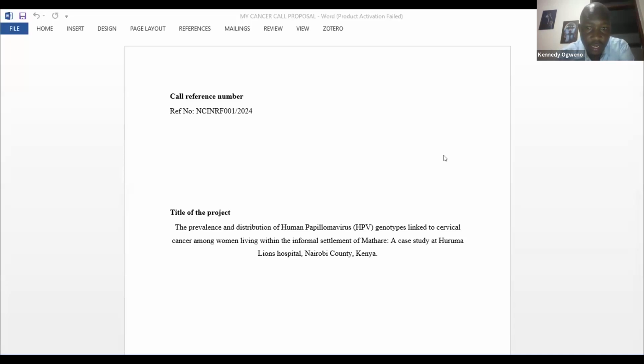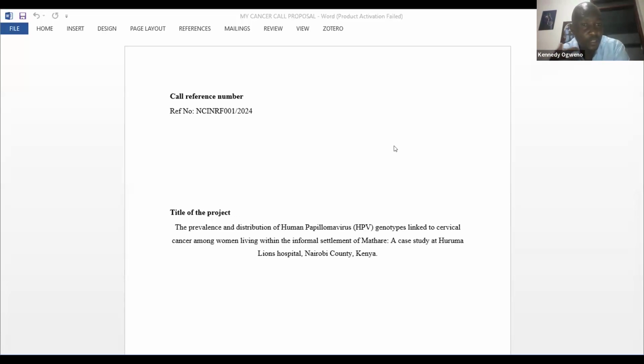So this was a research proposal that was called for by the Cancer Institute of Kenya, and so many people applied for it. They were supposed to give us 3 million Kenya shillings to conduct it within a period of 1 year, if I can remember.